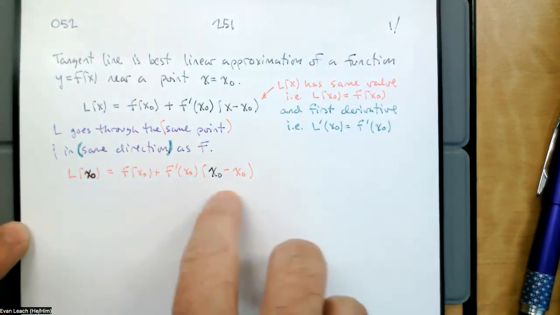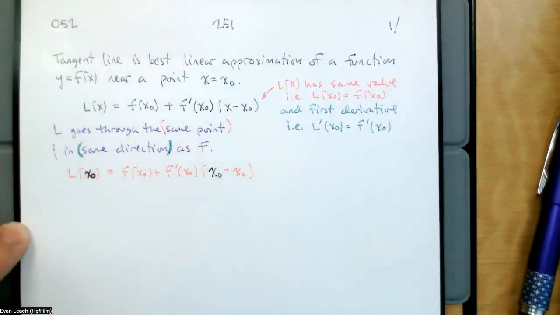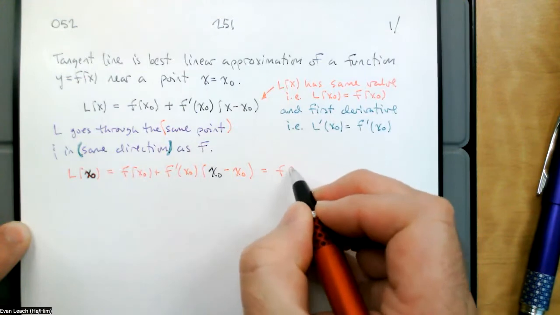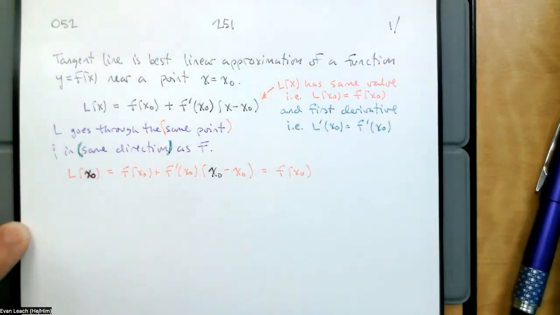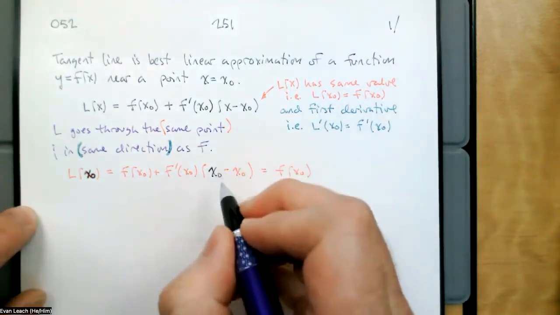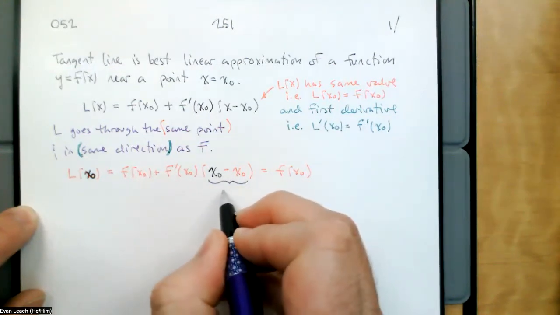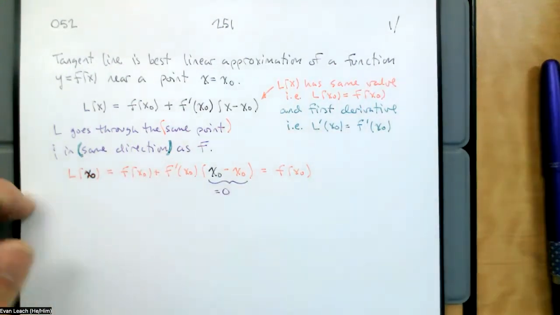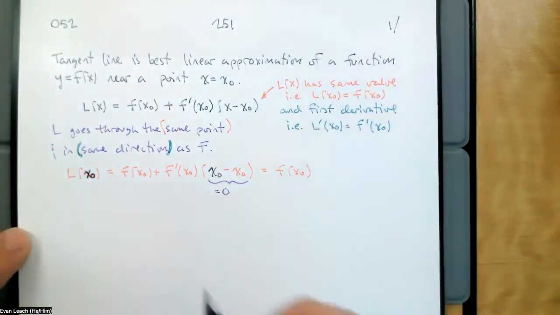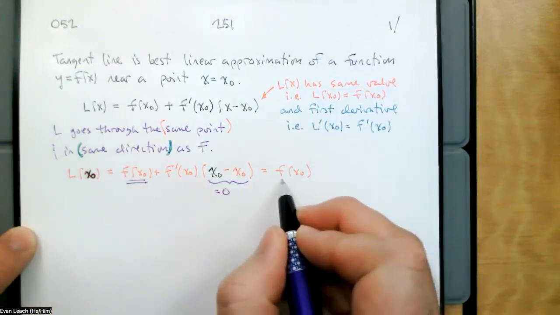So this x naught minus x naught part cancels out having to add any of this slope. So that piece is equal to 0. So when we plug in x naught, we get f of x naught. L at x naught is equal to f at x naught. That's all that's left right there.